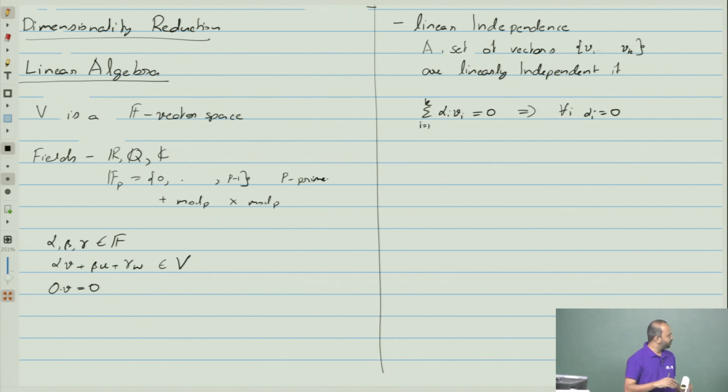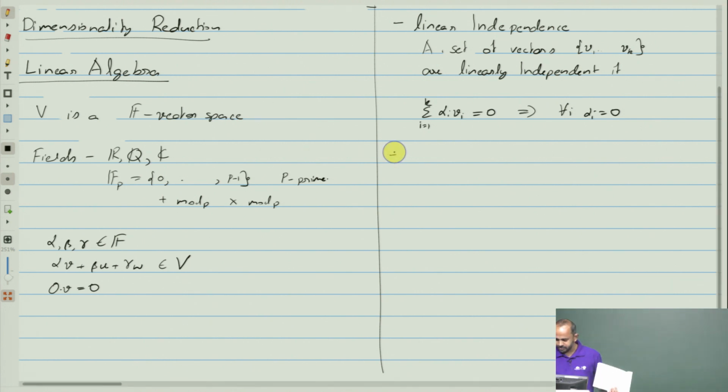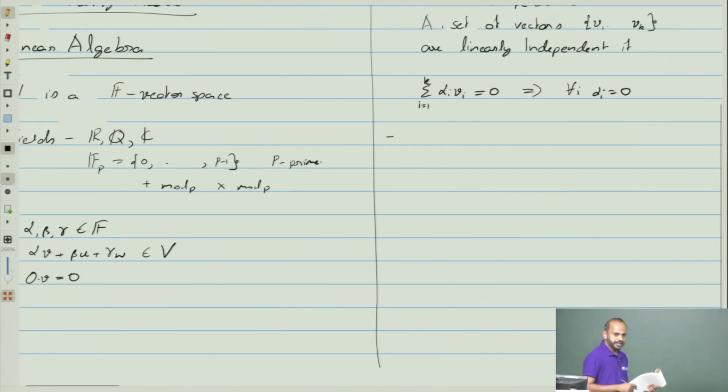So if a set of vectors is not linearly independent, then it is linearly dependent, that is, there are some non-zero alpha i's, not all of them 0, that sum up to 0. And what that means is one of the vectors in this set can be written as a linear combination of the others. So we understand what linear independence and linear dependence are.